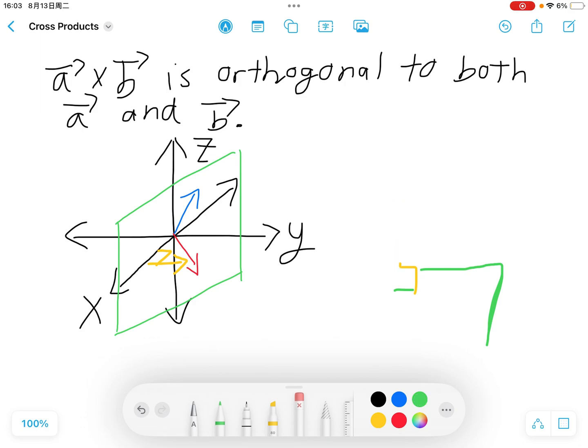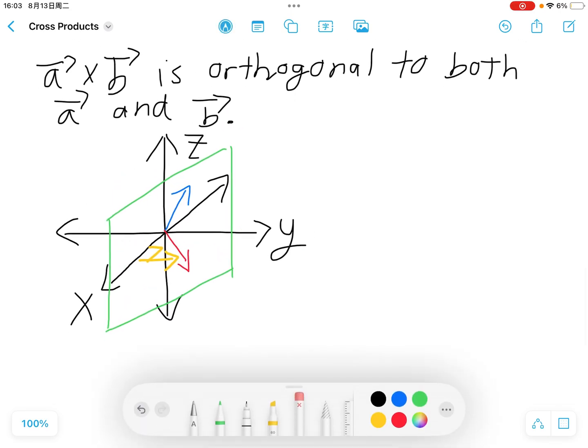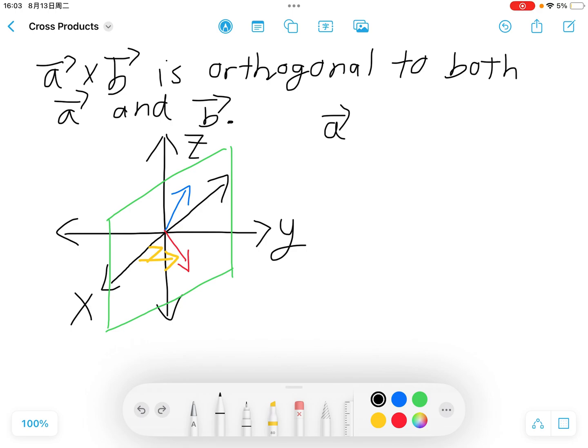So this is how this works, and let's just try to prove this concept: that if we have vectors A and B, the cross product of these two vectors is orthogonal to both vector A and vector B. Let's say vector A is A1, A2, A3, and vector B is B1, B2, B3.